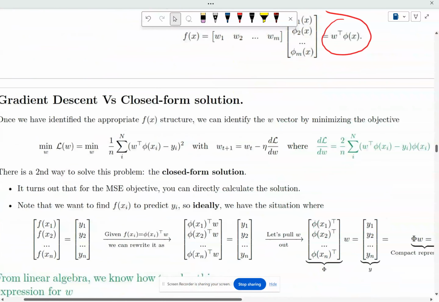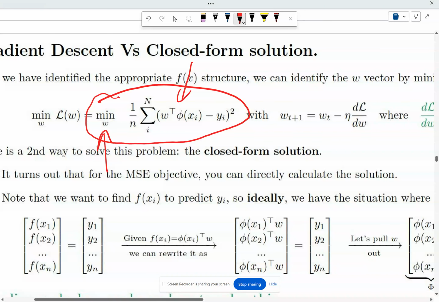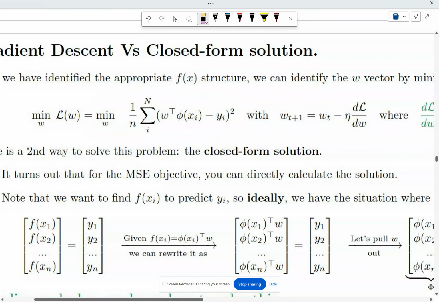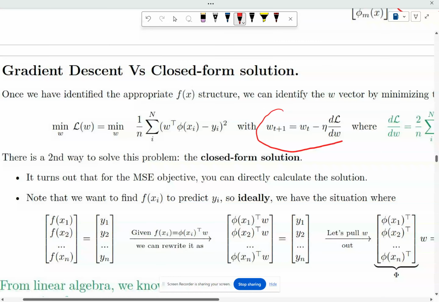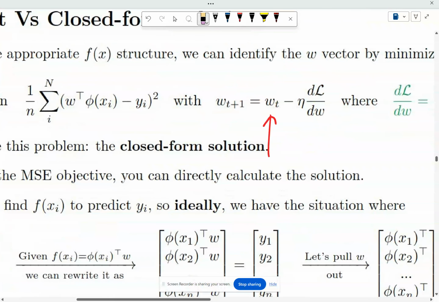Once we have it in this form, we end up solving a minimization problem that looks like this, where you're trying to find the vector W that minimizes your error. Then we can use an algorithm called gradient descent, where by looking at our current location and the gradient information, we can predict the next location at time step t plus 1.